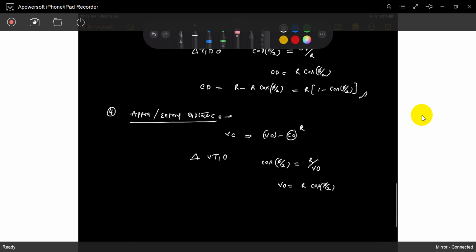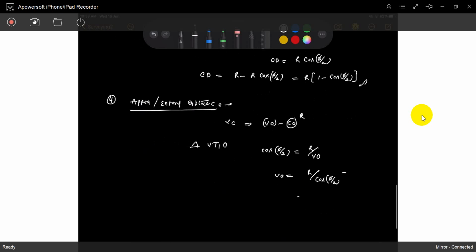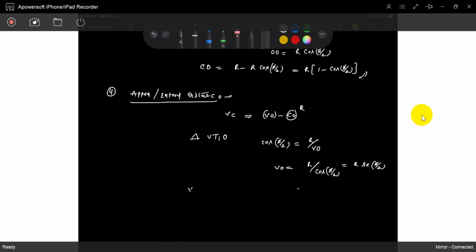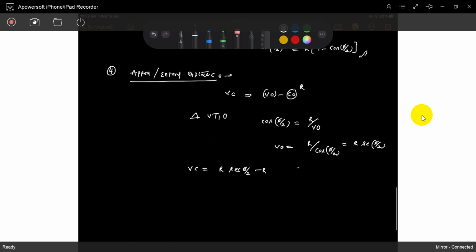Okay. So what is VO? VO is R divided by cos phi by 2, that is 1 by cos phi by 2. How can it come? Secant phi by 2. Now VC is R secant phi by 2 minus R. Okay. So R times secant phi by 2 minus 1.